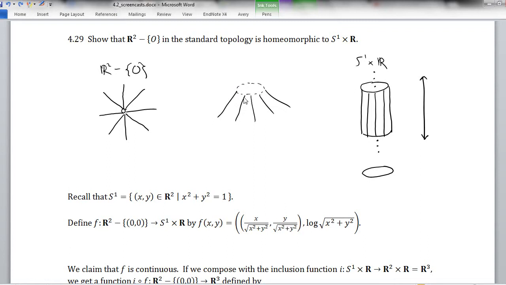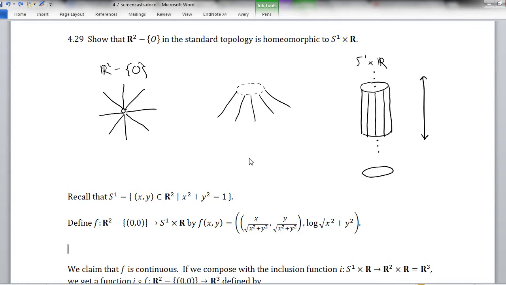But maybe we can take the part of the surface up near the edge and stretch it out infinitely much so that it will head all the way up there. So this point that was missing before ends up way up there at infinity. All right, that's one way to think about it.